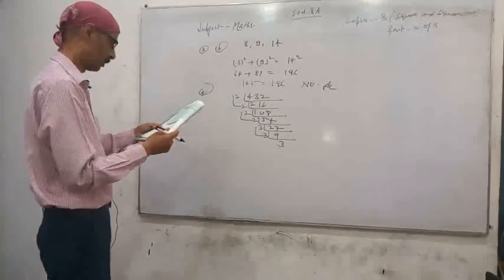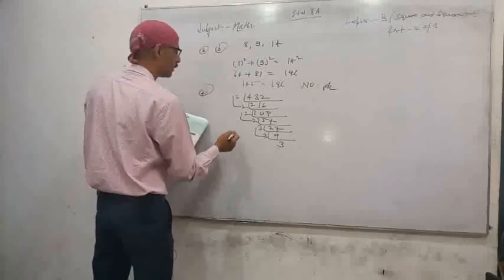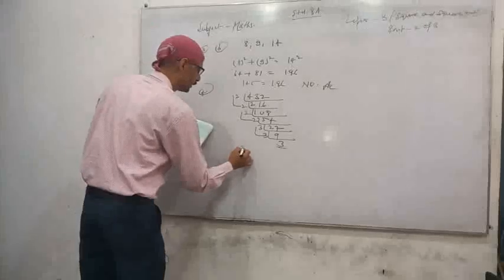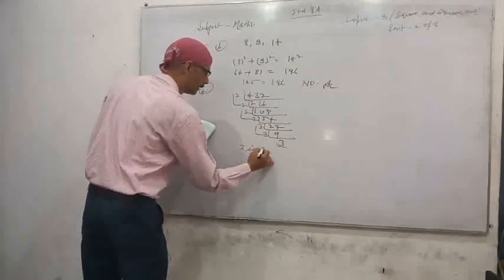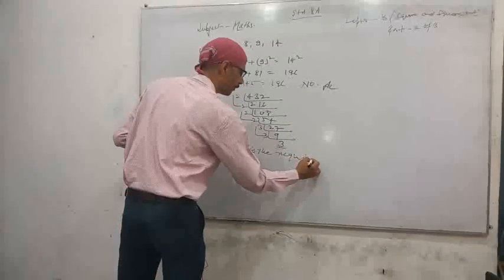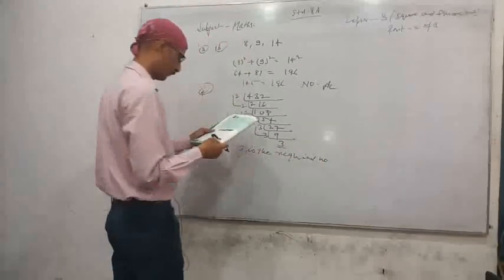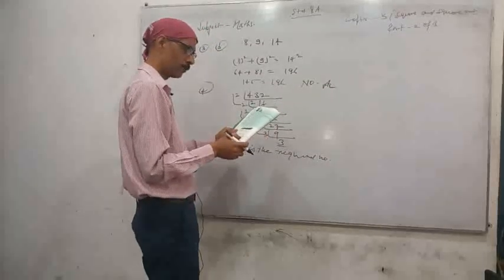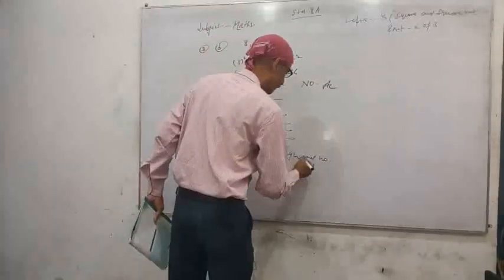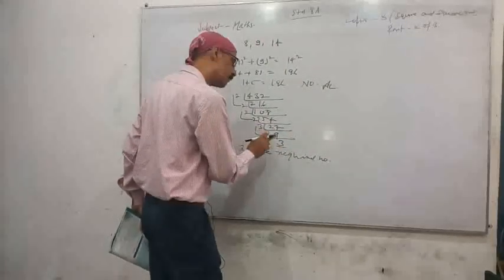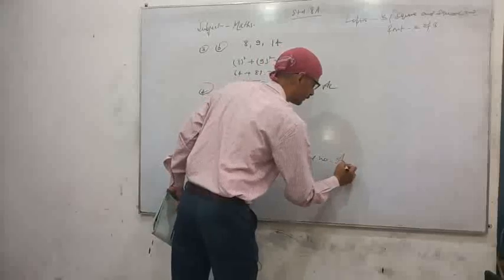So 3 is not in a pair form, so 3 is the required number in order to get a perfect square. When it is multiplied by this number, then it becomes a perfect square. So 3 is the required answer.